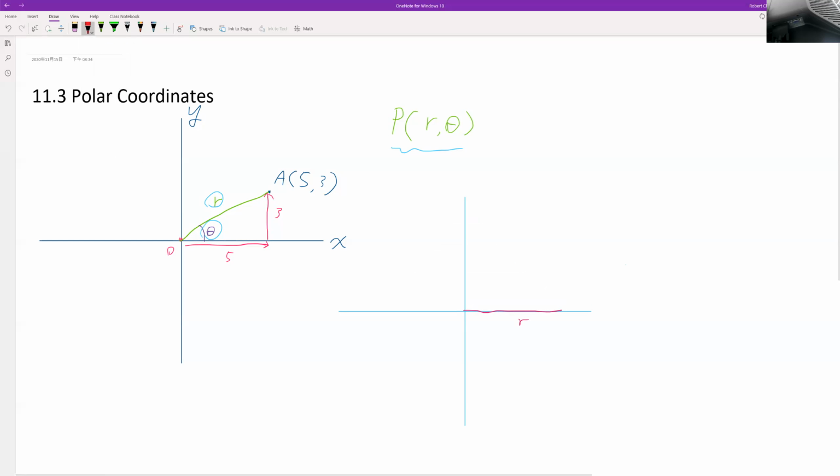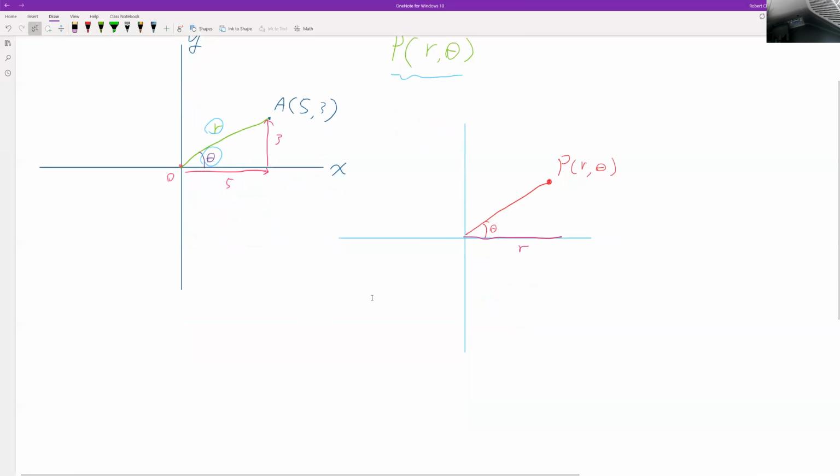How much do we rotate this r to get to some other point? And this point that we rotated the r by angle theta is going to have the coordinates r and theta. Now let's take a look at some examples.